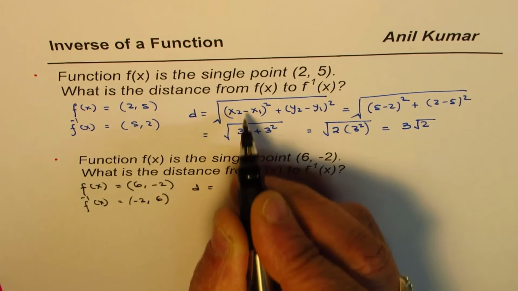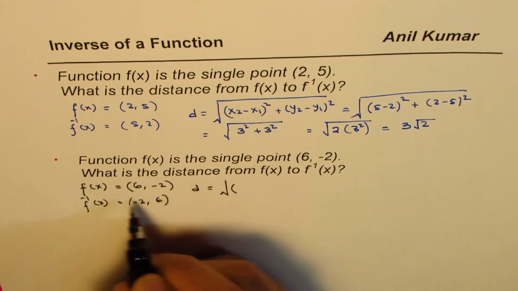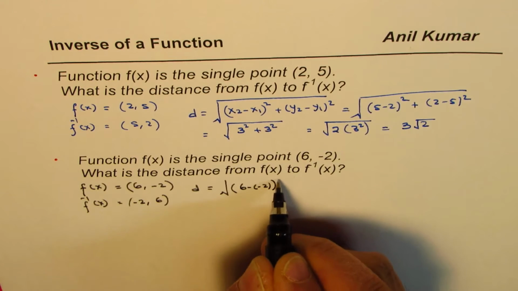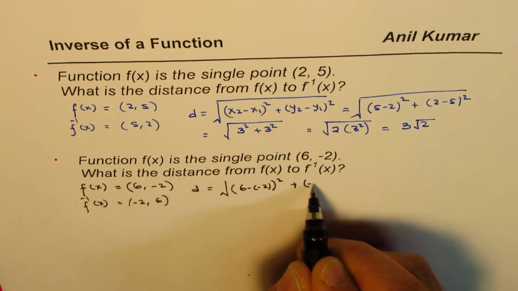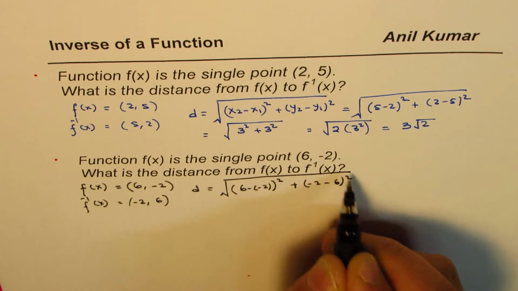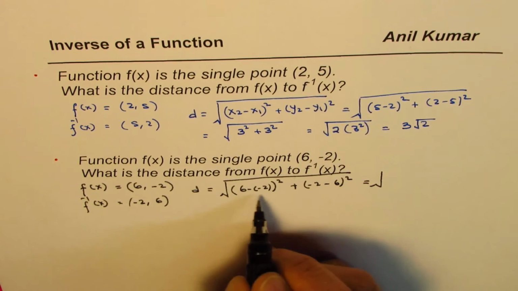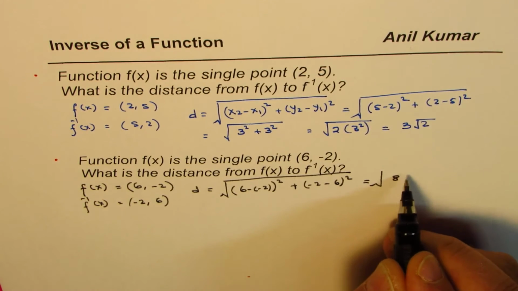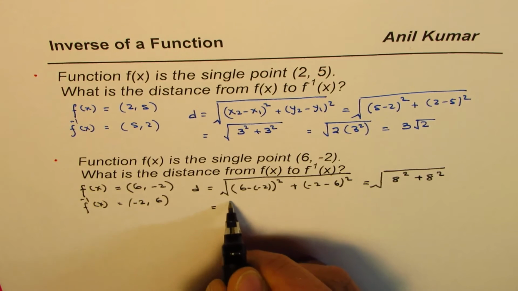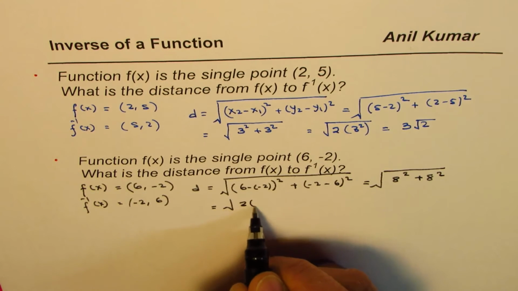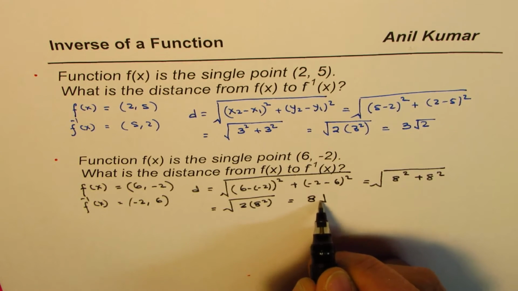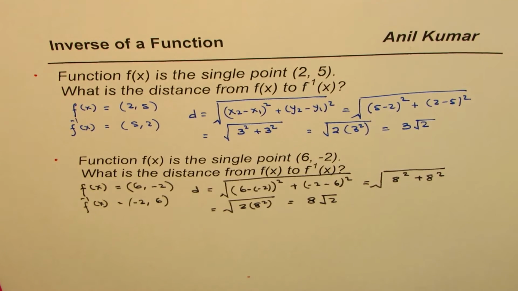And the distance, using the same formula, no difference at all: the square root of (6 minus (-2)) whole square plus (-2 minus 6) whole square. That is 8 square plus 8 square, which could be written as the square root of 2 times 8 square, and that is 8 square root 2. Is it okay? So we get that answer.